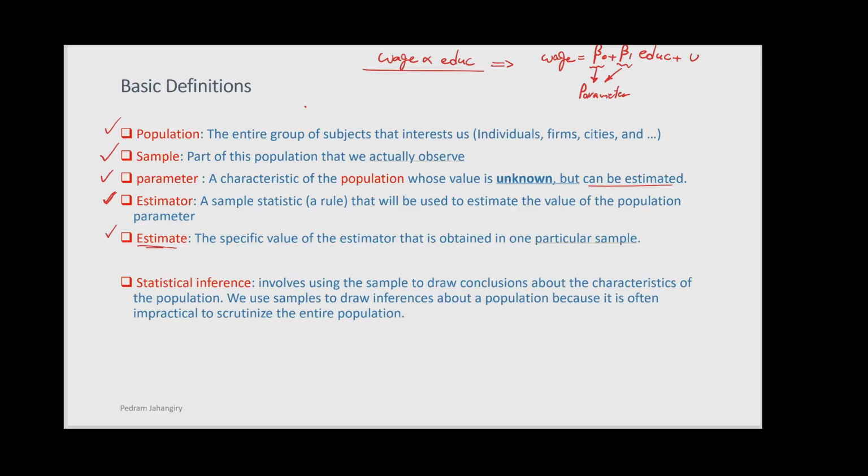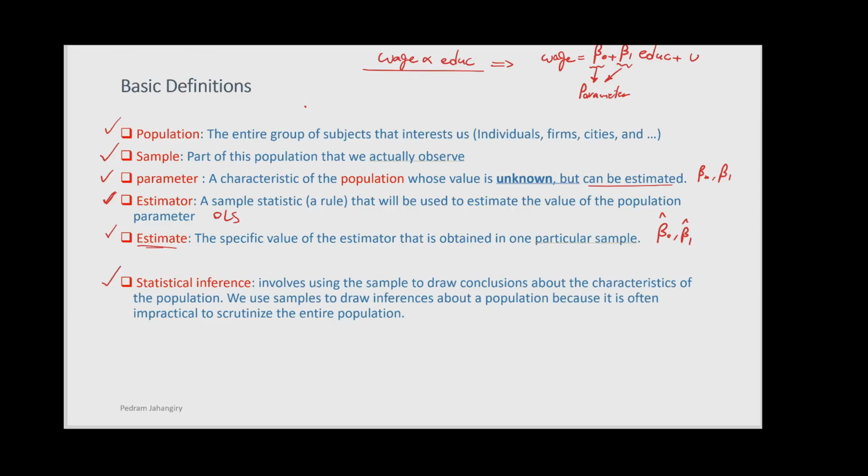An estimate is the specific value of the estimator that is obtained in one particular sample. So in our example, we are talking about beta hat 0 and beta hat 1. The estimator is OLS, and the parameters are beta 0 and beta 1 in the simple example that we're exploring. And then finally, statistical inference.